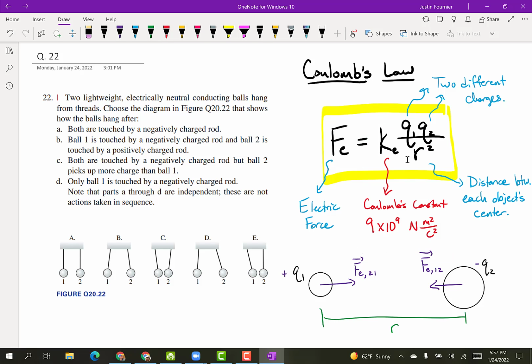Coulomb gets his own law, constant, and units. Way to go, Coulomb. And that gives us the electric force.